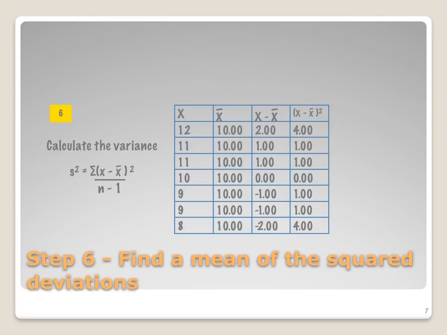So if we're finding an average of the squared deviations for our variance, it's going to be the sum of the squared deviations, which is sigma x minus x bar squared, over some count. So typically we use n when we're coming up with a mean, but for variance we're going to use n minus 1. So that is a count that's going to allow us to be unbiased.